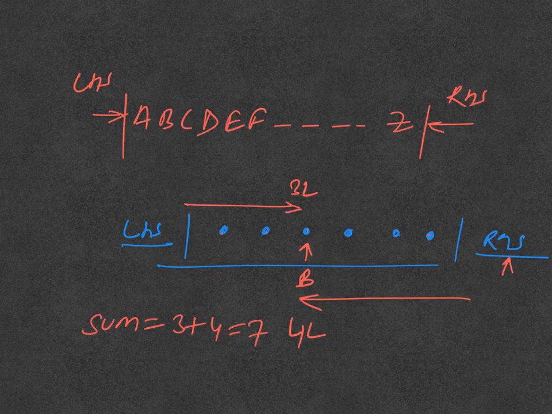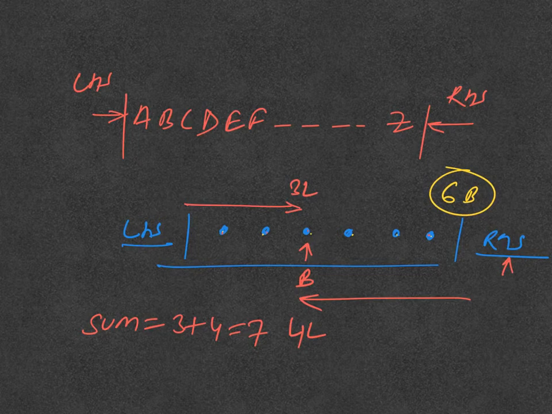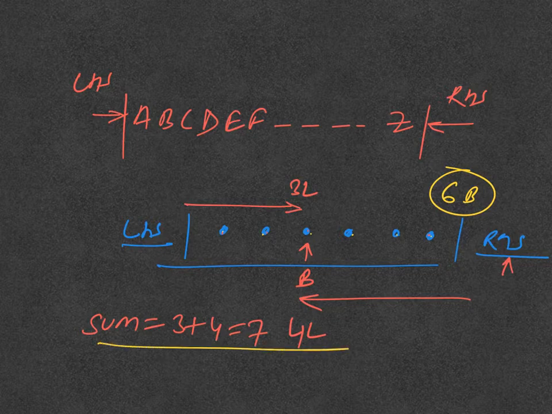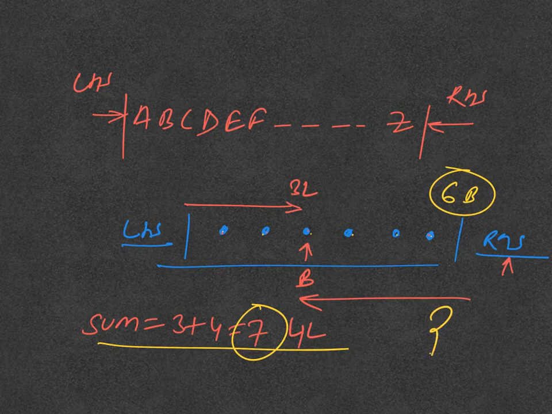But in the row or on the bench, how many boys are sitting? 1, 2, 3, 4, 5, 6. 6 boys. So on the bench there are 6 boys, but according to the sum the number of boys is 7. So what is the reason?